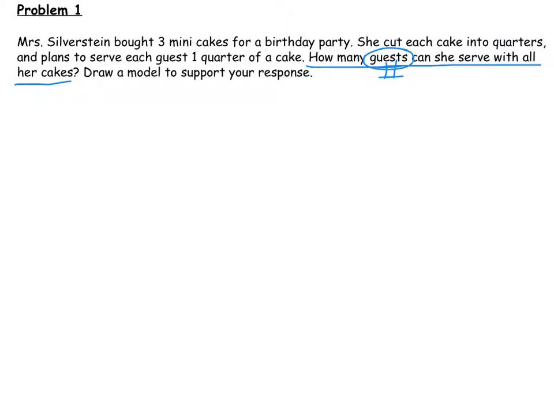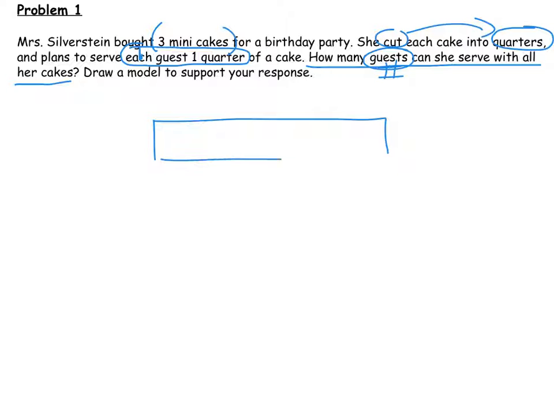So let's look at what we know. She has 3 mini cakes. She cut each into quarters. And she plans to serve 1 guest, because it says each. So 1 guest gets 1/4. So I know I have my 3 mini cakes.